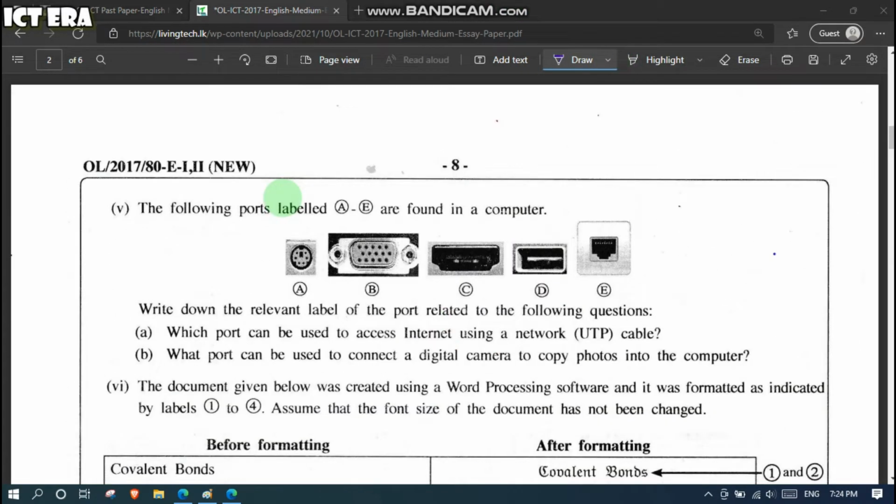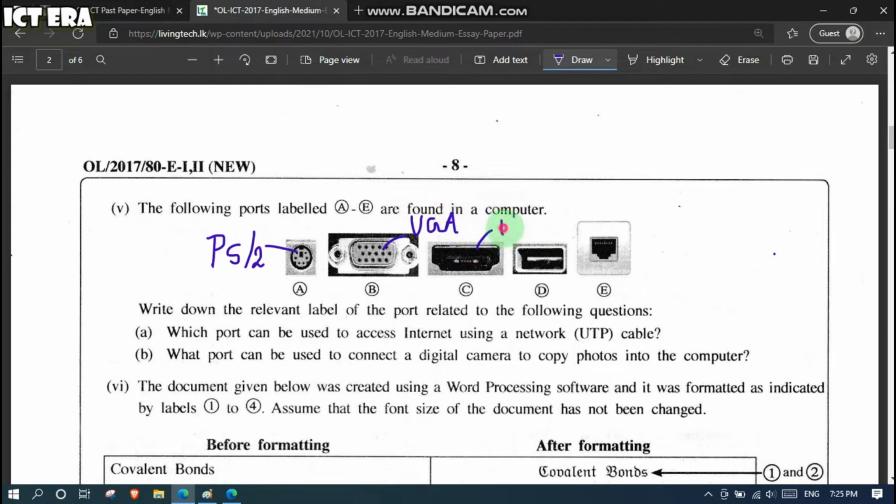Then next, fifth one, the following ports labeled A to E are found in a computer. So A is PS2 ports. Let's just identify the ports. Then here B is VGA.